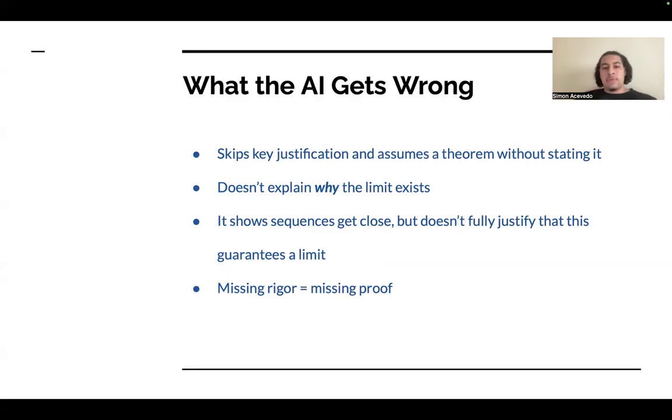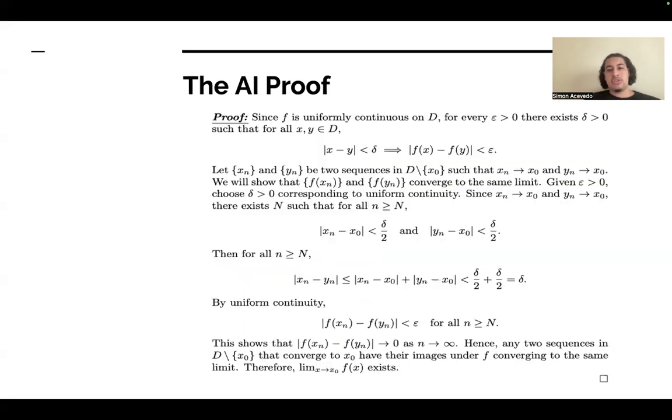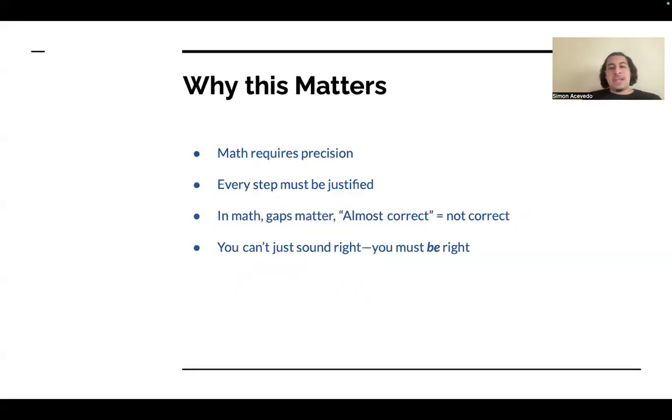What AI gets wrong: it skips key justification and assumes a theorem without stating it. It doesn't explain why the limit exists. It shows how sequences get close, but doesn't fully justify that this guarantees a Cauchy sequence. It kind of skips a step.